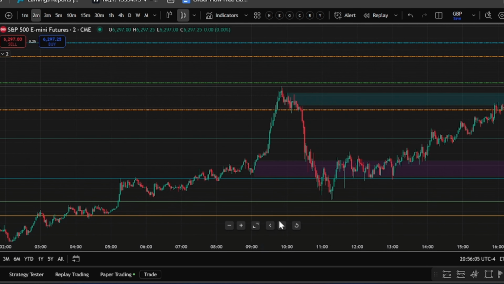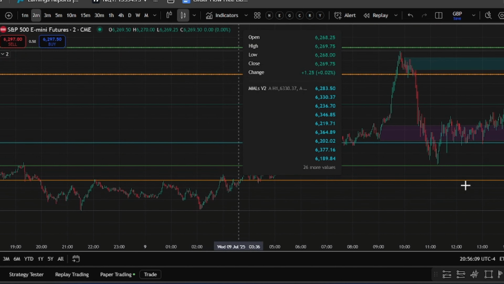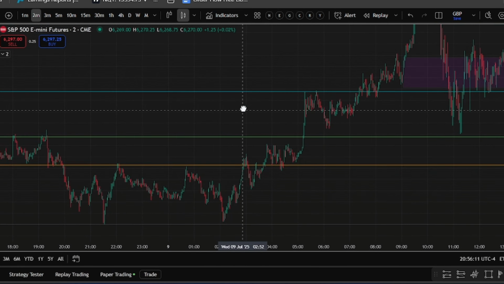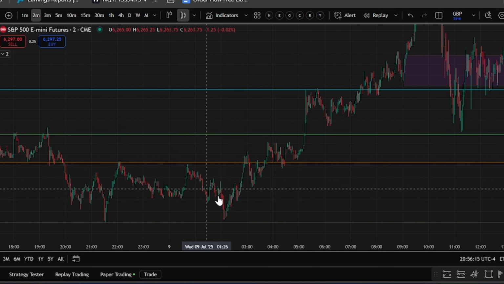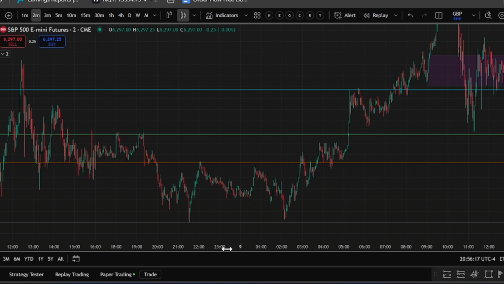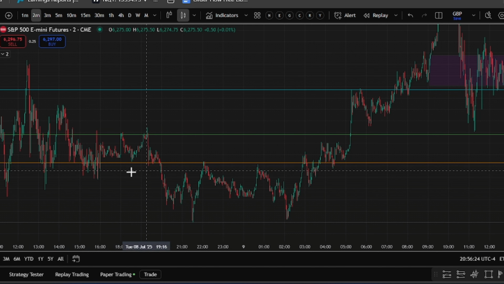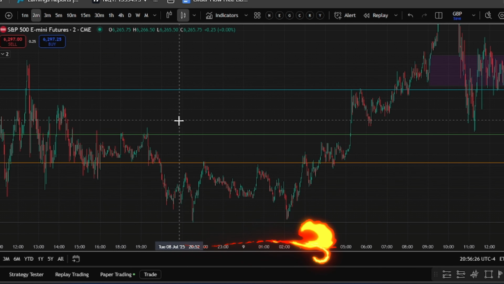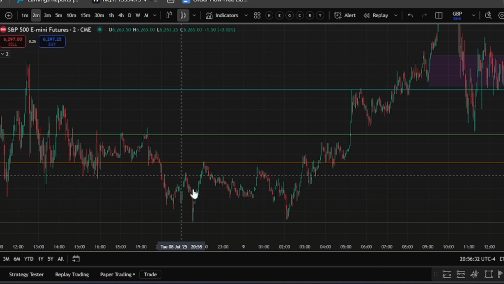On ES, first in the pre-market or overnight session, you can see this level was acting as a solid resistance, and you could have taken shots here. Between these two levels, there was a lot of choppiness. When you are looking for an entry using these levels and zones, you wait for a clear path for the price.